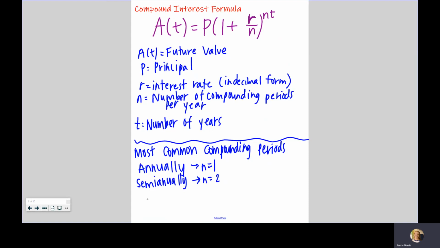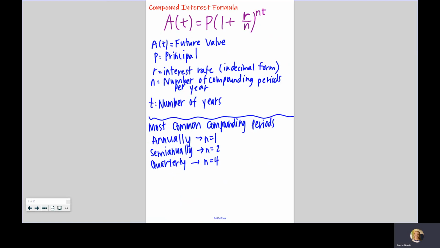Quarterly means 4 times a year, so N is equal to 4. And then the last one would be monthly, which would mean 12 times a year.